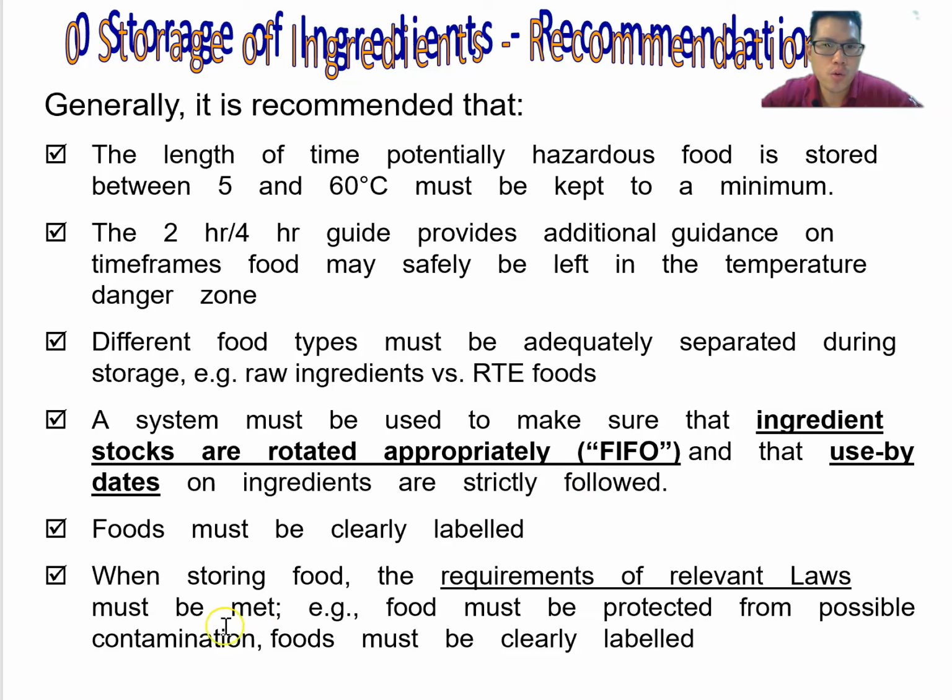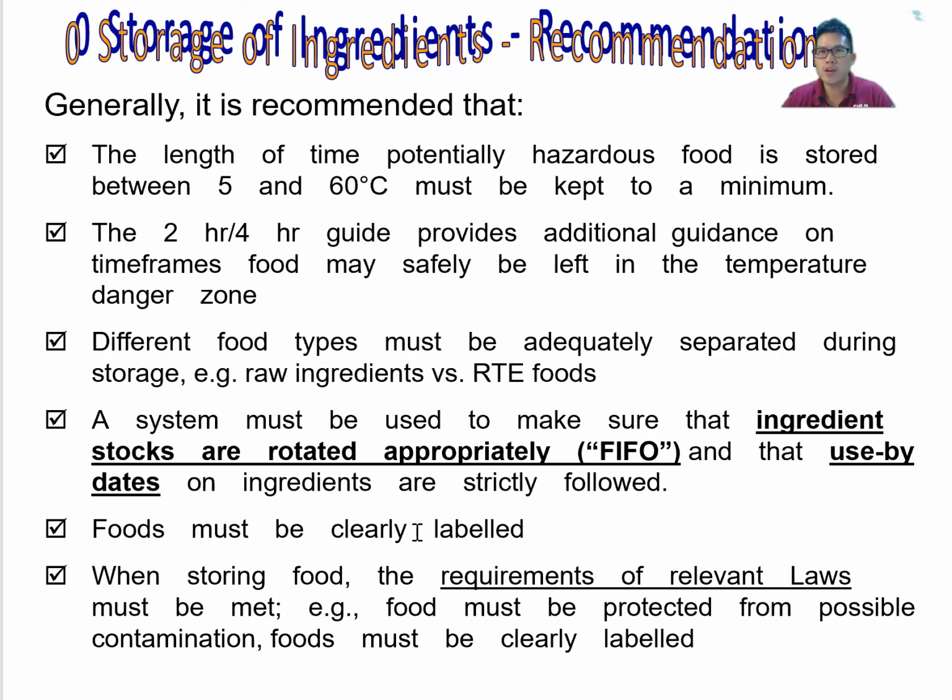The food must be clearly labeled. Very, very important. If you have bulk packaging and you separate it into smaller packaging, make sure you label it. How you can enforce this rule of labeling is to make sure that you have labels and a permanent marker readily available right at your storage area, so that you can use them to label your products.